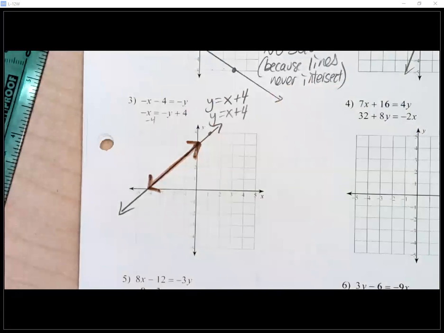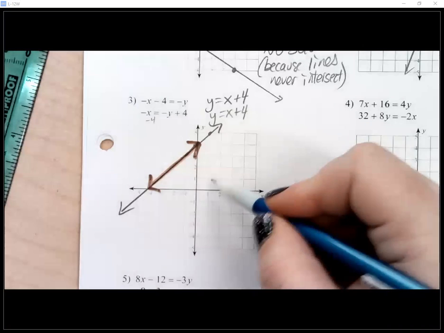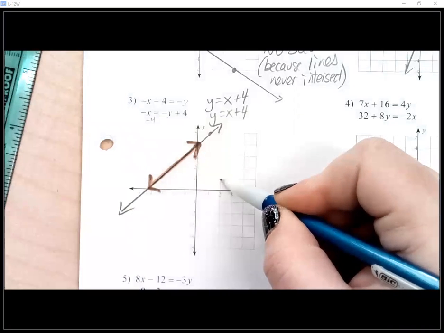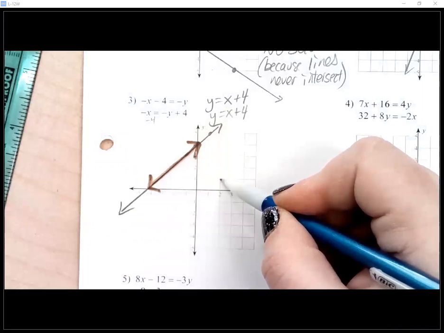Sometimes kids make the mistake of saying that the answer to this is all real numbers. That's not true. Is this point right here, I don't know, 2, 1, a solution to that system? Is that a point on that line? No, but those are real numbers. So you can't say all real numbers here because that's not true. What is true is that there are infinite solutions.